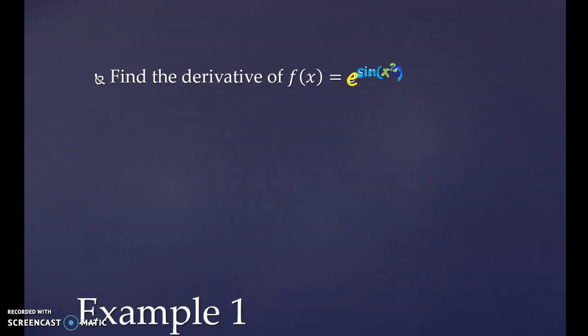If I'm going to take this derivative, I would start with the derivative of e to the, and that derivative would be e to the sine of x squared times the derivative of sine, which is cosine, times the derivative of x squared, which is 2x. There's not really a lot of simplifying I could do with that, but I could rearrange the way it's written, and it would still be equivalent.